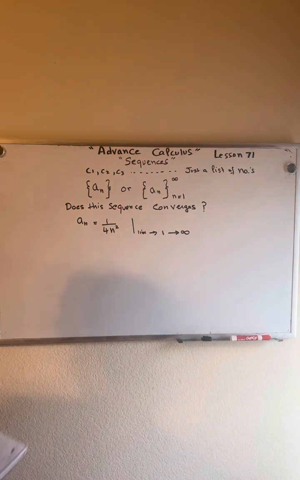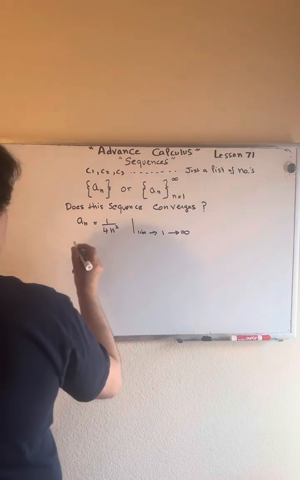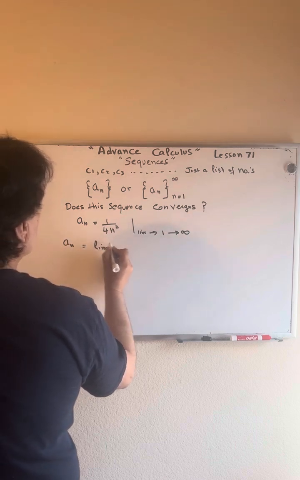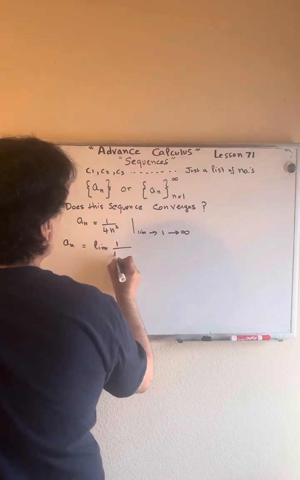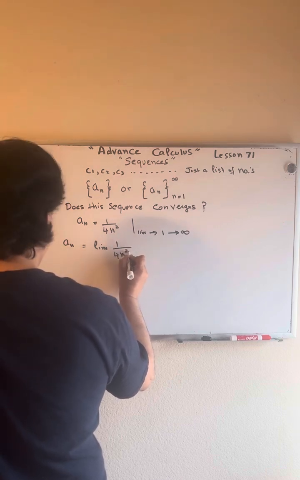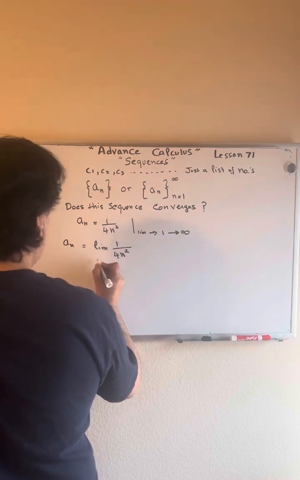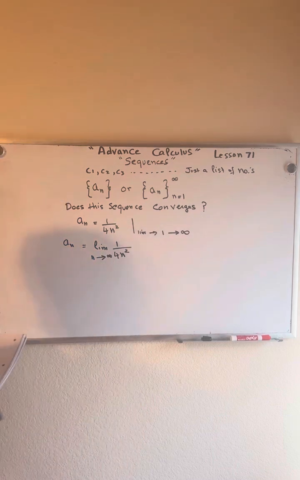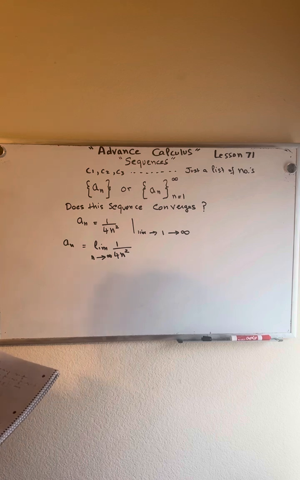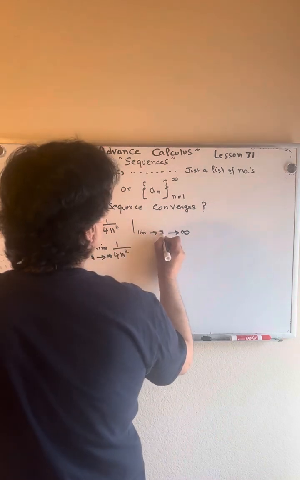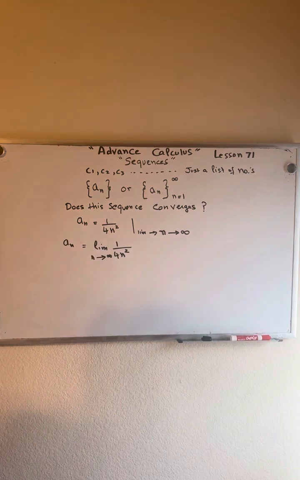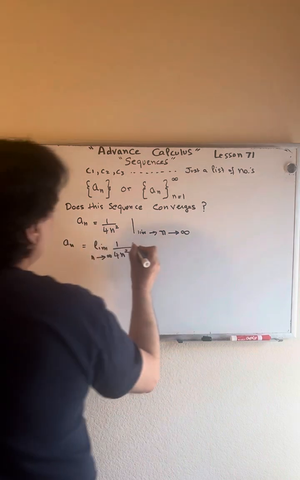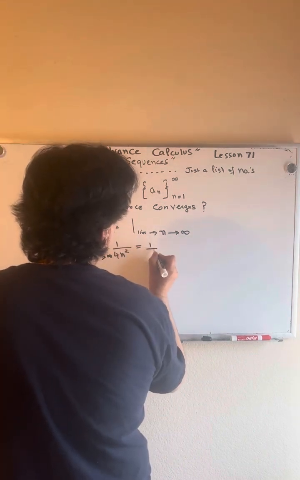Okay, so what we do is we say, we have this problem, a_n is equal to the limit of 1 over 4n squared, and n is approaching infinity. So now my question is, if I replace n by infinity, what does it become? It becomes 1 over infinity.